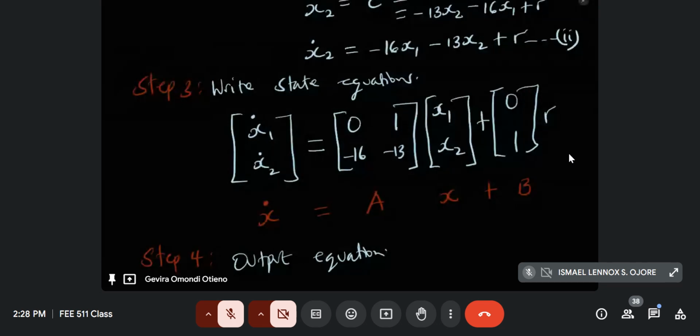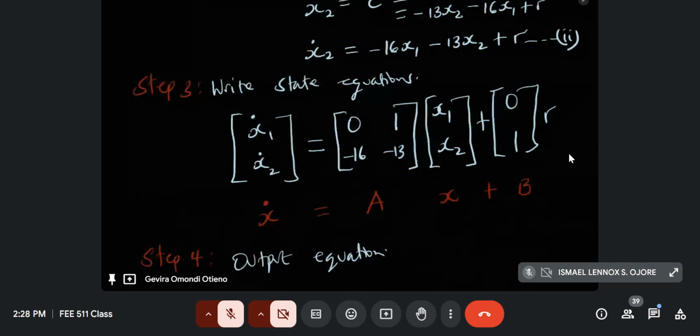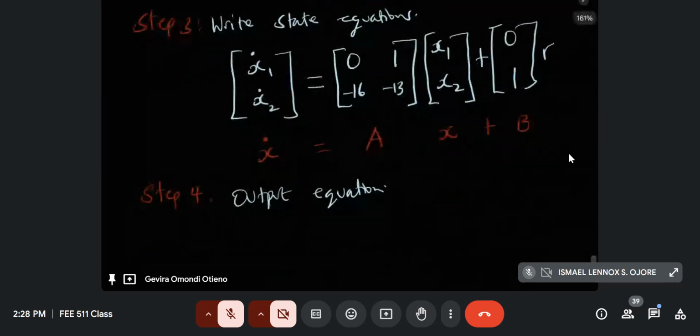So once you're able to obtain the other equations, the output equation is always very easy to write, because remember, the output equation should be in the form of y. In this case, we'll see what our y is. Y is equal to Cx plus D. Mostly this D is 0. You'll see that in most equations, the D is just 0.